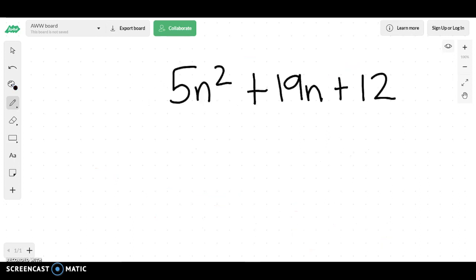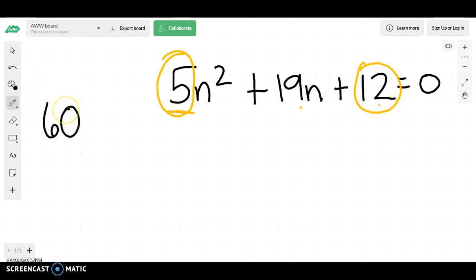Okay, for the second example, this one is a little bit trickier because there is a term out in front that we can't divide by all of these other numbers. So because there's an a term out in front that we can't divide by all the numbers, we're going to take our first number and multiply it by our last number, and that's going to give us 60.